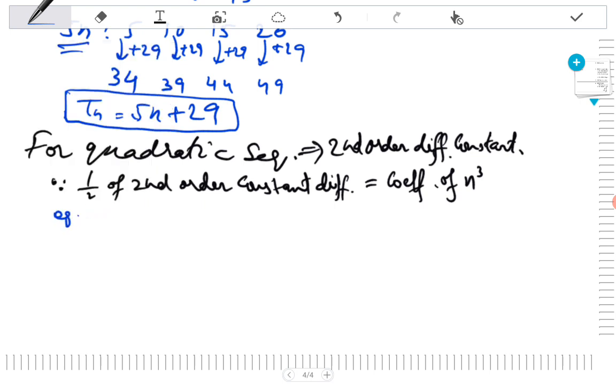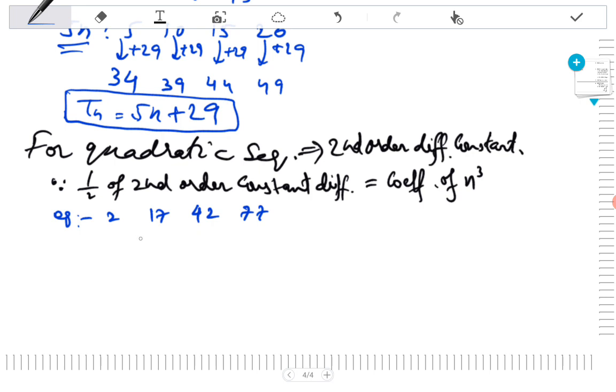For example, we have a sequence of results 2, 17, 42, 77, and so on.